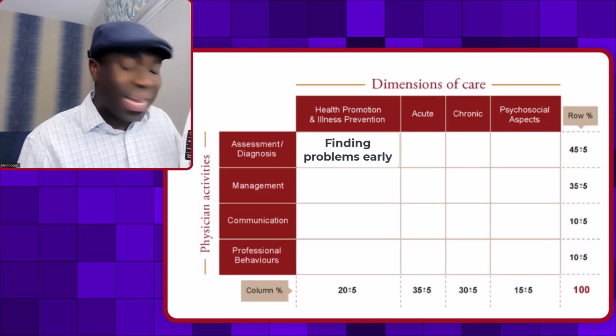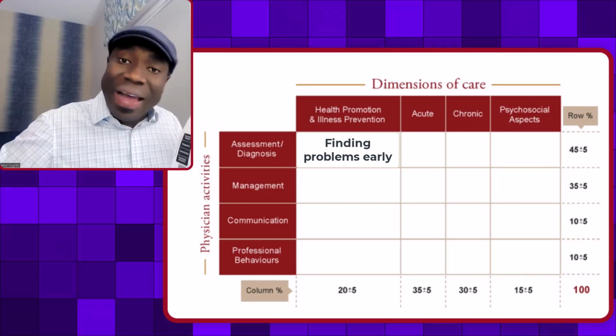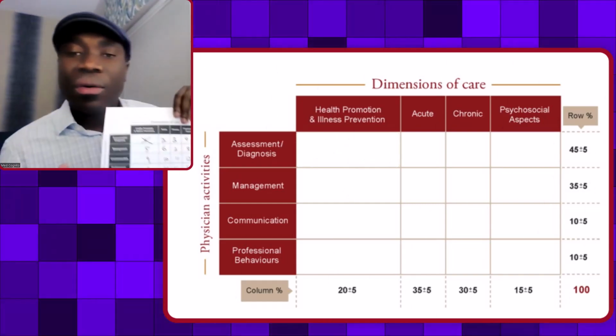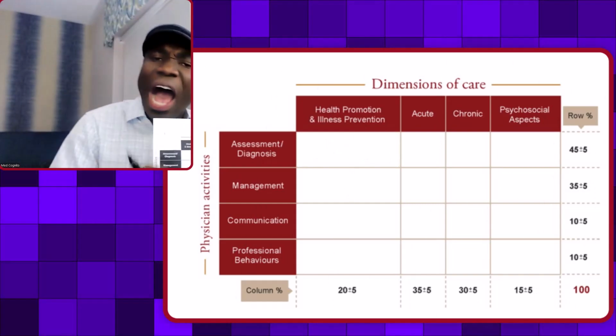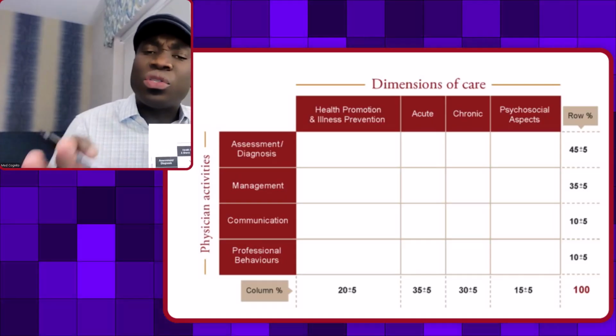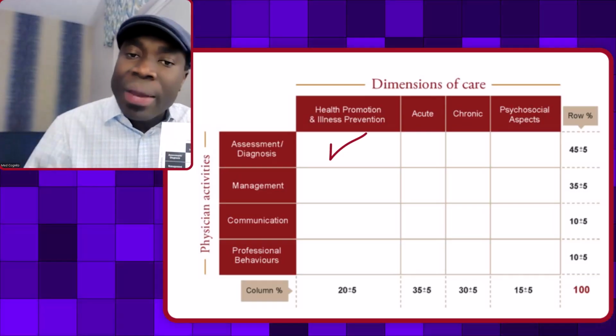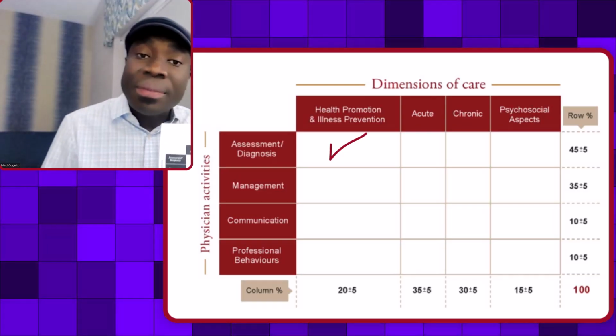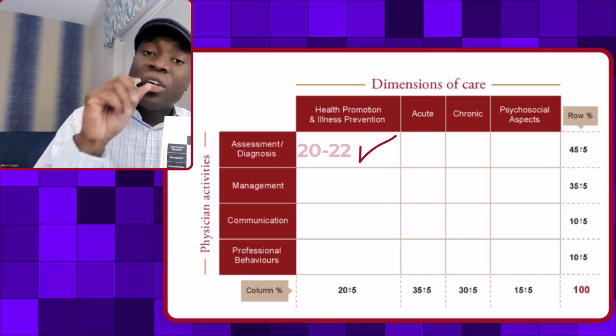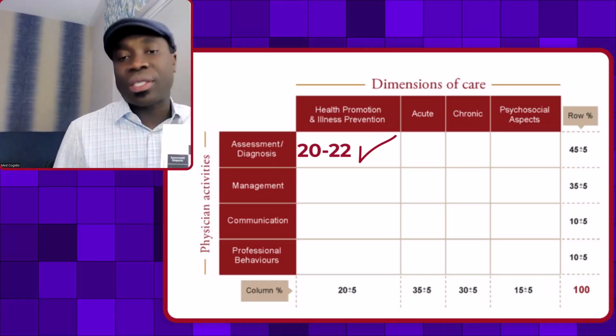That is why I've entitled box 1 as finding problems early. So now the question you should ask yourself is, how many questions are you going to meet based on the distribution for finding problems early? Expect about 20 to 22 questions.